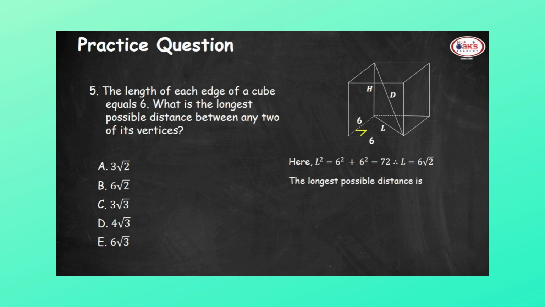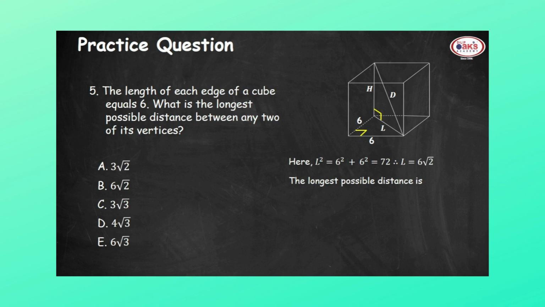Now you can see that the longest possible distance here is actually indicated by D, that starts from one of the vertices at the bottom and ends at one of the top vertices on the opposite side.